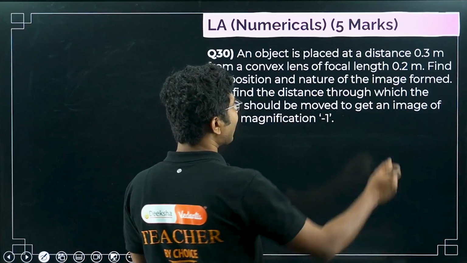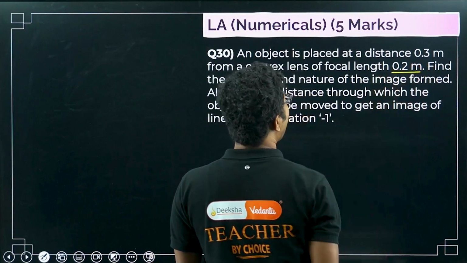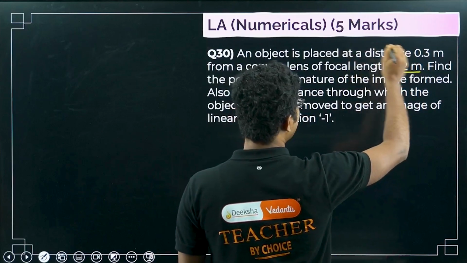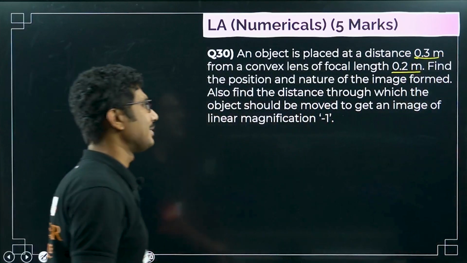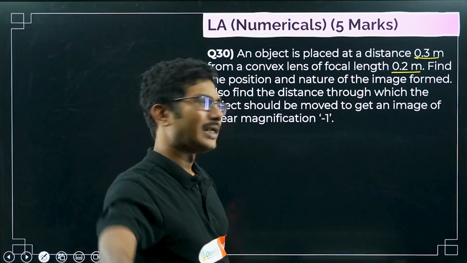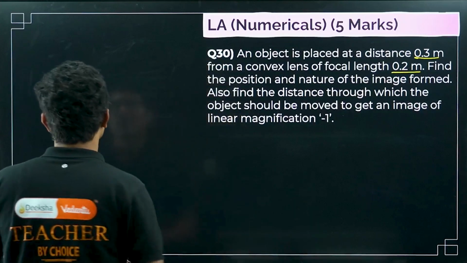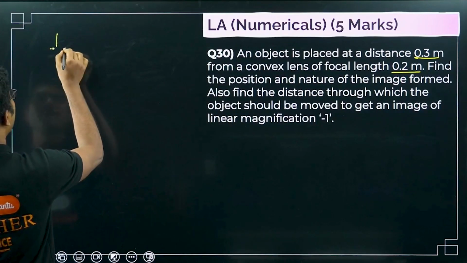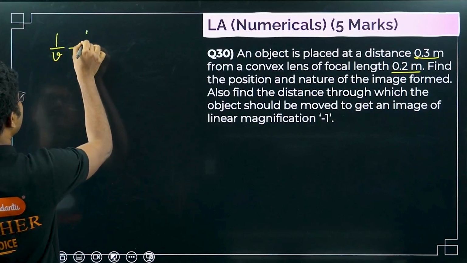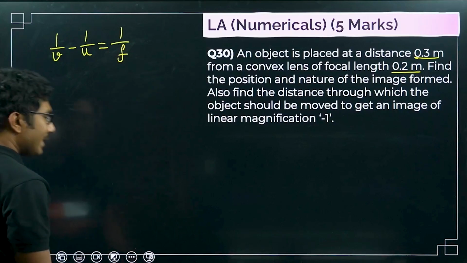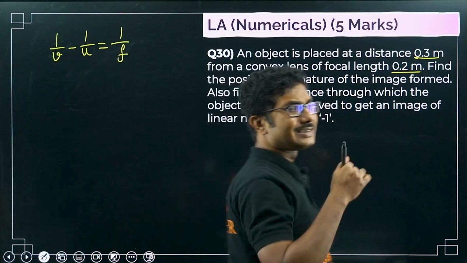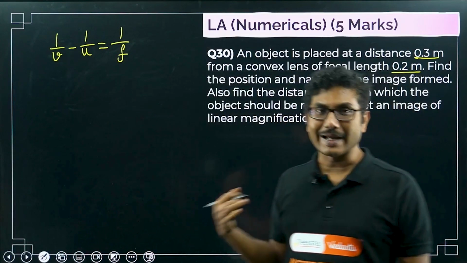So the focal length is 0.2 meter and the object distance is 0.3 meter. Basically 20 centimeter and 30 centimeter, but they have given in terms of meter, so we will use the meter only. We know that the formula is 1 by v minus 1 by u equals 1 by f. Now here, because the lens is given directly, you have to use the sign convention.